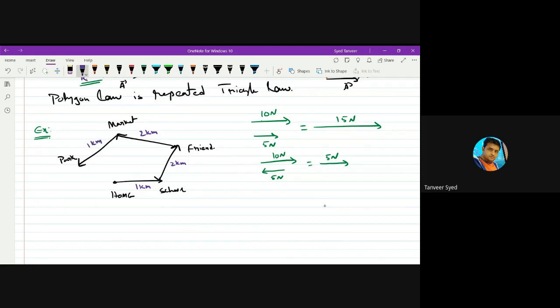Then, if I ask you how far away you are from your home, will you say 1 kilometer plus 2 kilometer plus 2 kilometer plus 1 kilometer, or will you say this? Yes, sir. It can be half a kilometer, it can be 4 kilometers, it can be 100 meters, any value depending on the path followed, your starting and final positions.